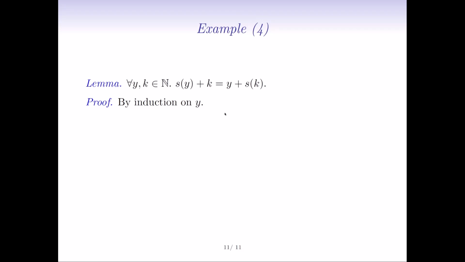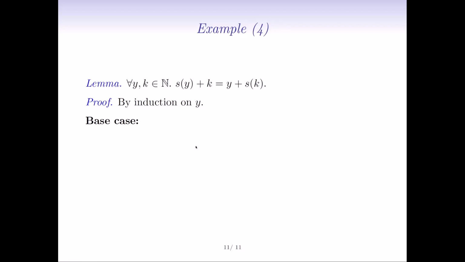So when we do induction on y, we're going to get successor of 0 here and 0 here, and we're going to be able to do something with it. Whereas if we have a 0 on the right-hand side here, it might be harder to do anything with it. Although maybe not, and you could try doing this by induction on k as well. But I'm going to choose induction on y because I know it's going to work.